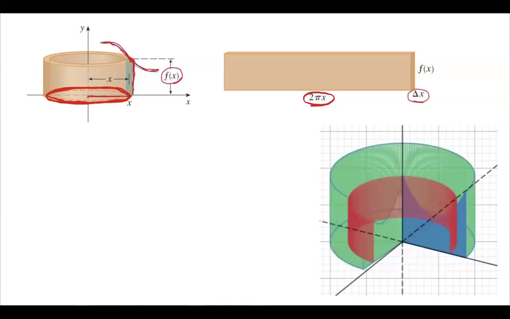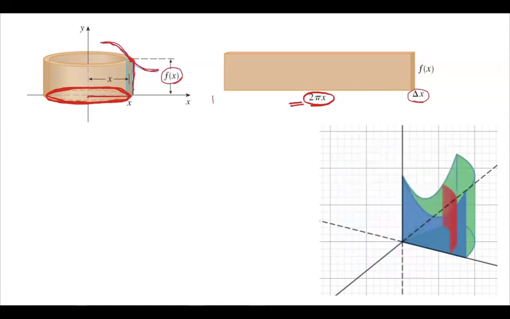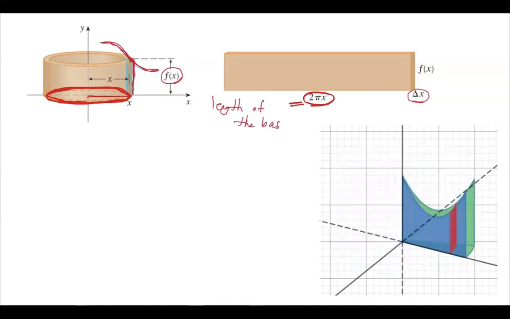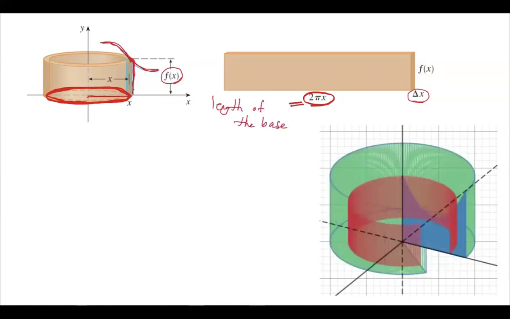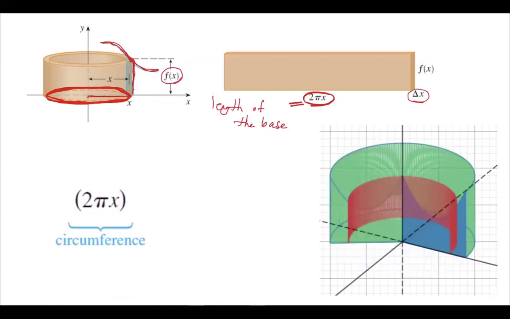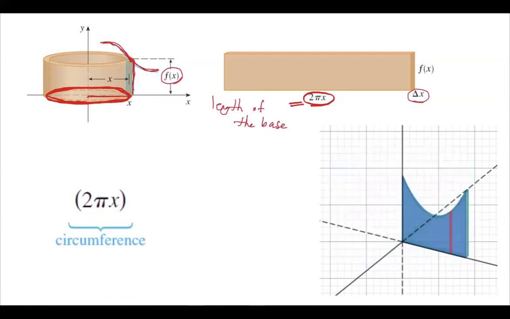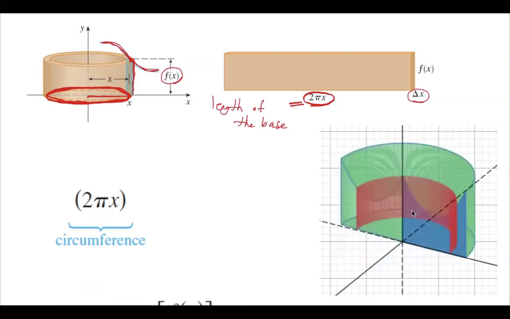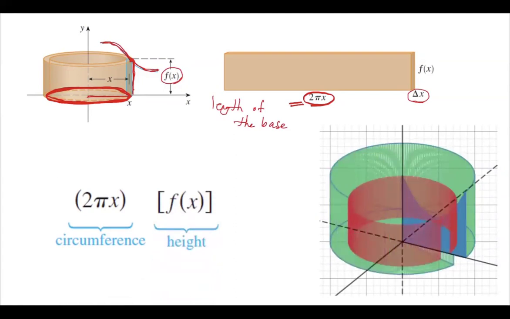But again, 2 pi x is the length of the base. As you remember, 2 pi x is the circumference of the circle. f of x is the height.